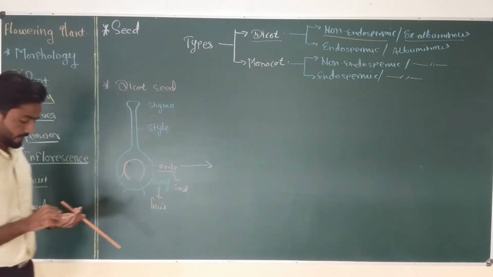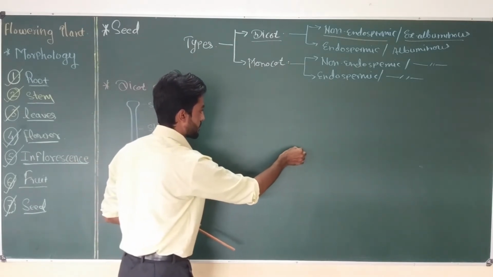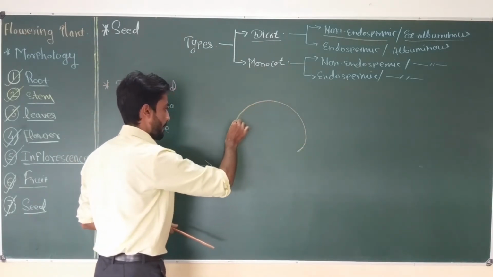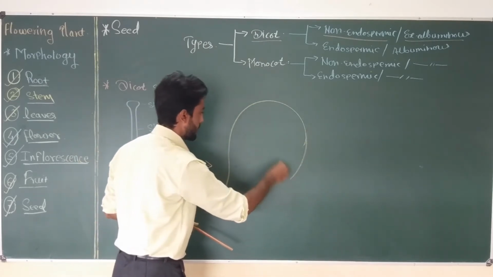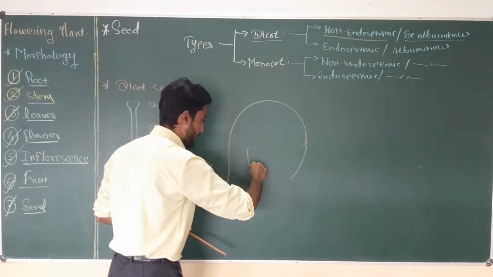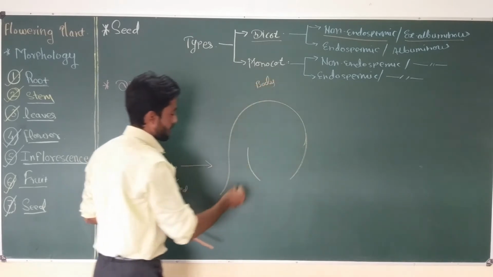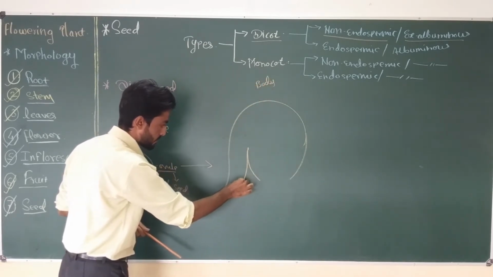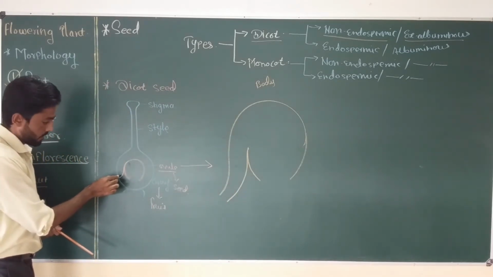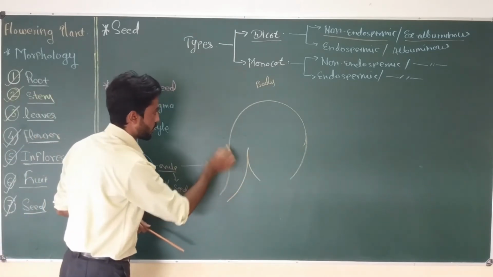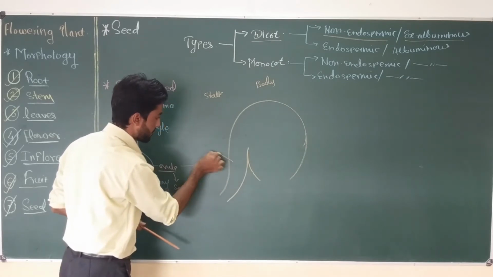So before starting with the actual structure of the seed, we have to discuss a few things about the ovule. In the anatropous ovule, a rounded structure is present, and this rounded structure is called the body of the ovule. Now the ovule is attached to the ovary by a stalk-like structure, and this stalk is called the funicle.